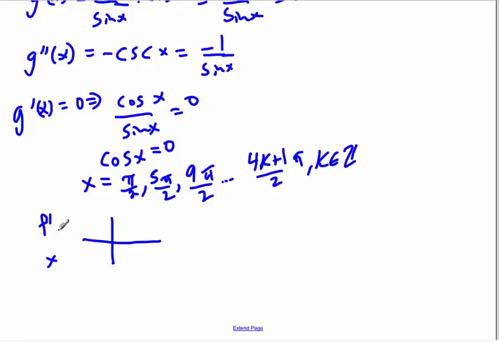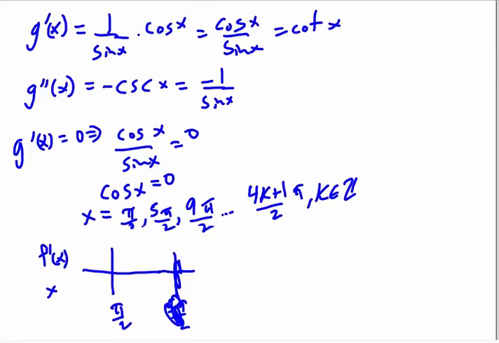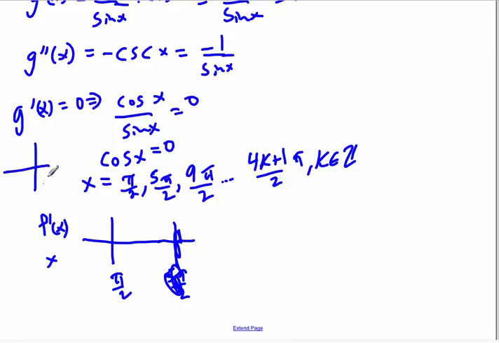So x, f prime of x, pi over 2, and 5 pi over 2. Let's just check the pi over 2. They'll all be the same after that.